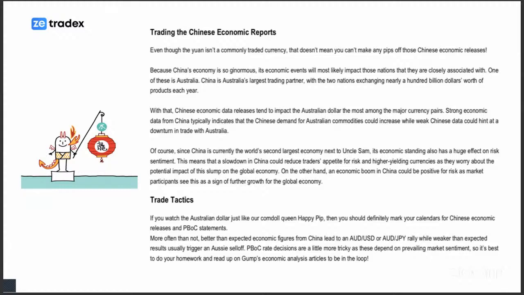PBOC rate decisions are a little more tricky, as these depend on prevailing market sentiments, so it's best to do your homework. You read about economic analysis, government economic analysis, articles to be in the loop, etc.